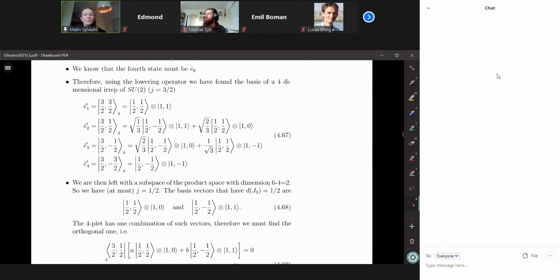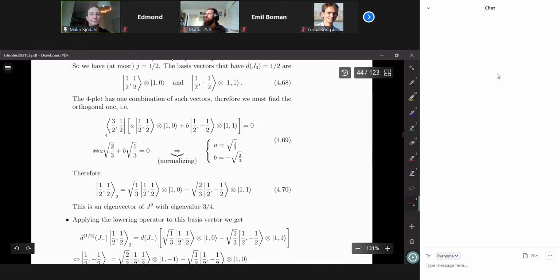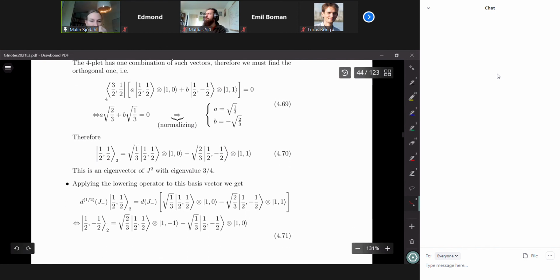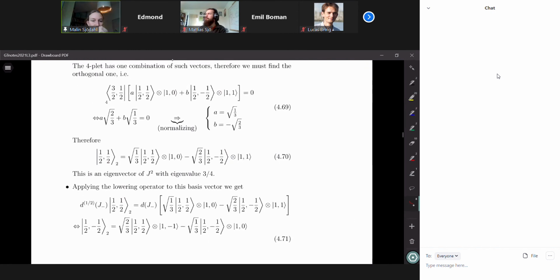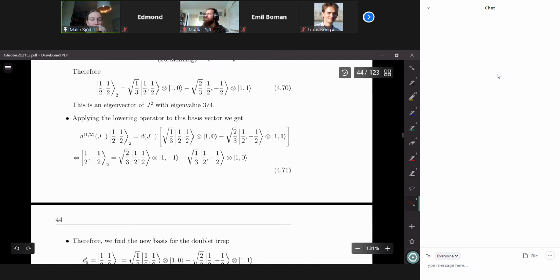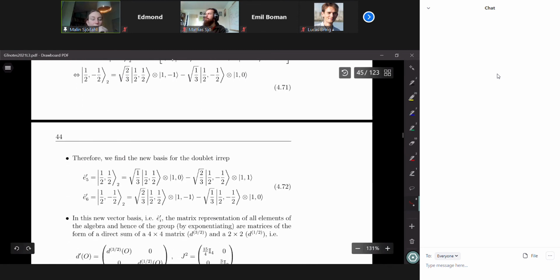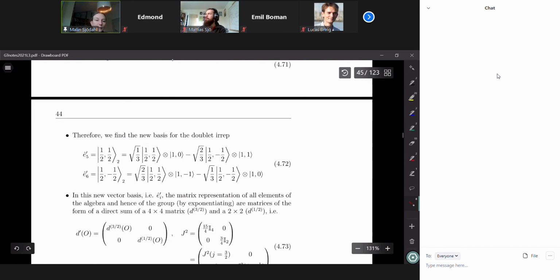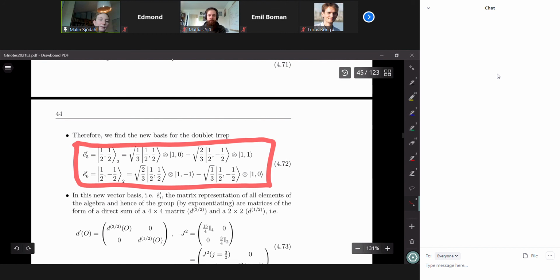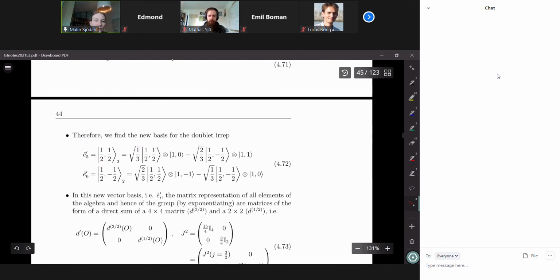So it's nicer to do it the way we're doing it. Okay. So to wrap that up, we have now found two new basis vectors that are in the 1/2 representation. So J is 1/2, and they have some form.